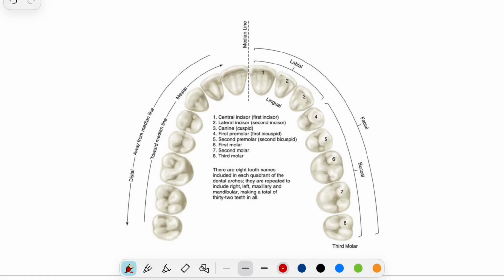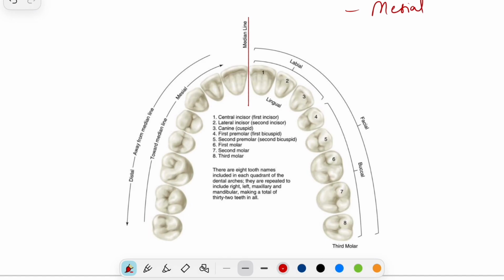terminology is tooth surfaces. I'm going to draw the midline here. We already have it. This picture I have taken from Wheeler's, and if you want to refer to your Wheeler's, you can definitely go back to this picture and refer to it. Now we have five surfaces. I'm going to write this down here.